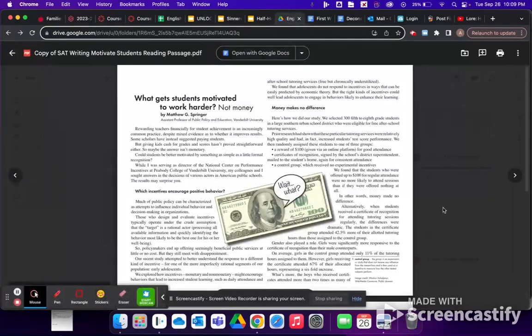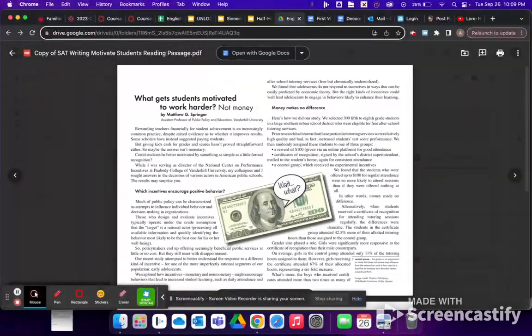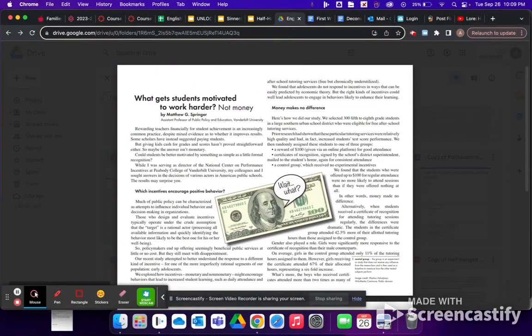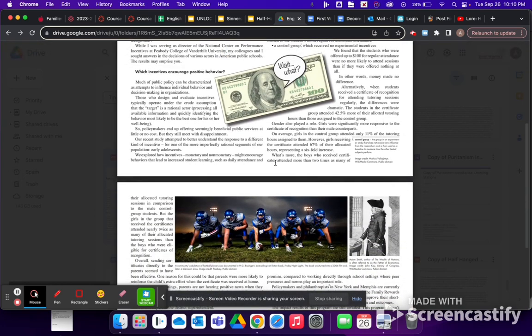So here's the document. Here's the essay you have to read, the argumentative text. It's called What Gets Students Motivated to Work Harder, Not Money. Here's the thing. It doesn't matter if you agree or disagree with this bro, Matthew Springer. We want to see what you saw in this text.